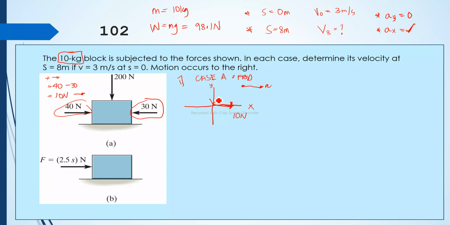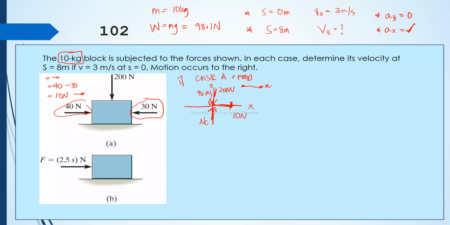You also have the 200 newtons downwards, that is a force. Don't forget the weight that is going downward, that is 98.1 newtons. What other force do we have? We have a normal force.